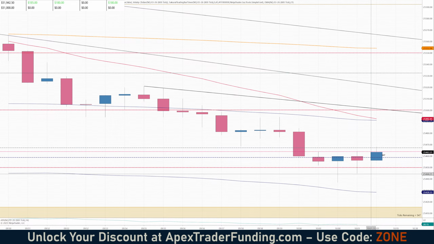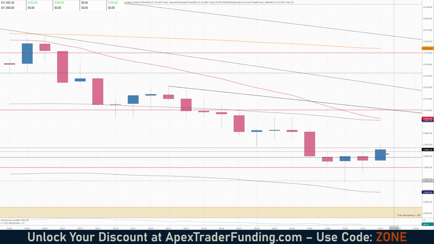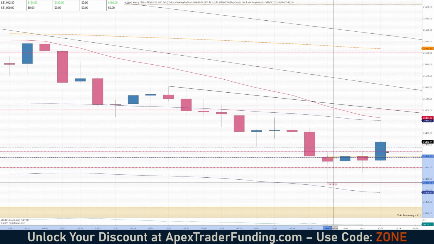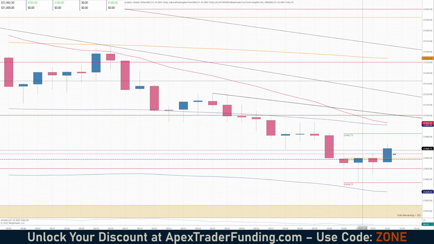We've been patient all day. Let's go ahead and measure this out. So the measured move on this trade is still up here at 82.75.